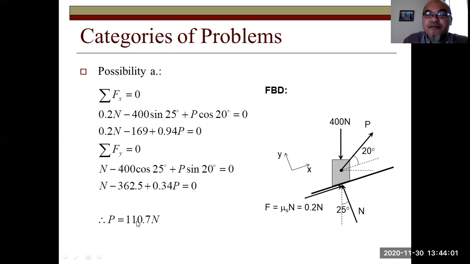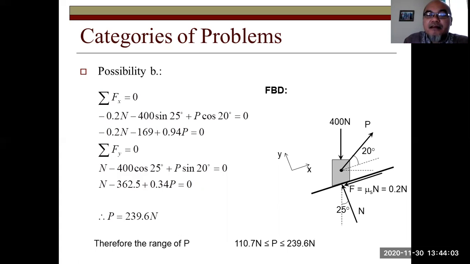So here we have two values of P. Therefore the range is between 110.7 Newton and 239.6 Newton. Whenever P is between these two values, the block is in equilibrium. When it is 110.7 Newton or less than this, the block is on the verge of moving down.